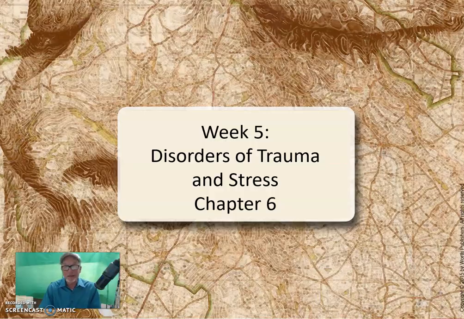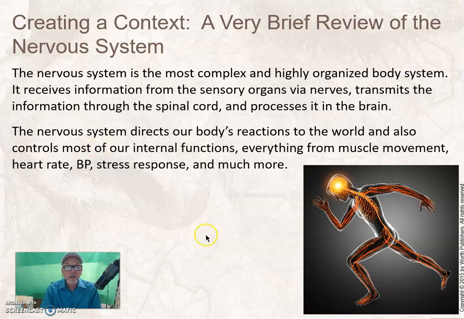That's the plan. So you remember from Psych 1, probably the most complex and highly organized system in the body is the nervous system. And the nervous system receives information from the sensory organs about the internal environment and the external environment and transmits that information via nerves to the spinal cord, and then it processes it into the brain.